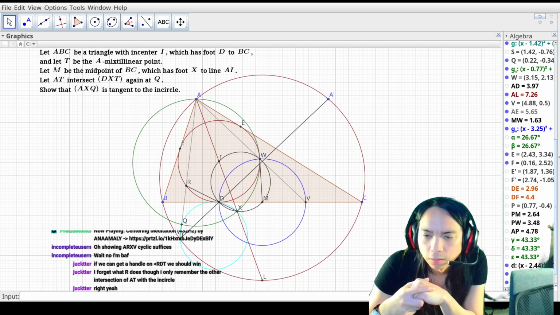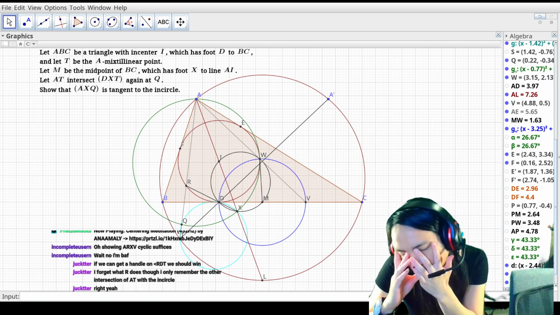Actually, wait, did we get Q was on the green circle already? I forget. Well, okay.